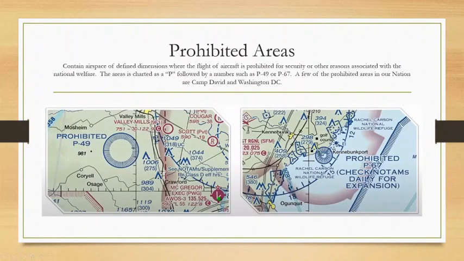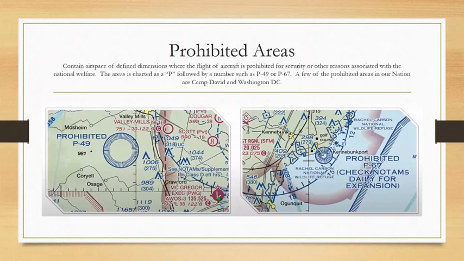So prohibited areas contain airspace of defined dimensions where the flight of an aircraft is prohibited for security or other reasons associated with the national welfare. The areas are going to be charted as a P, so you can see that in the icons there.